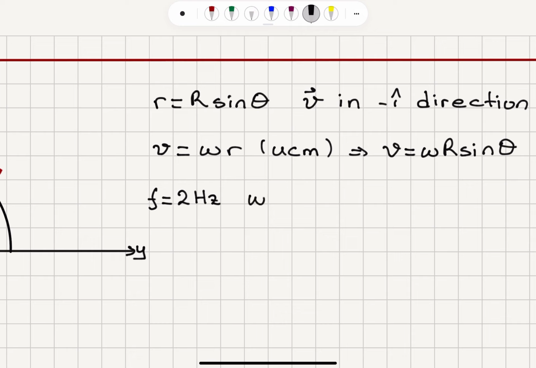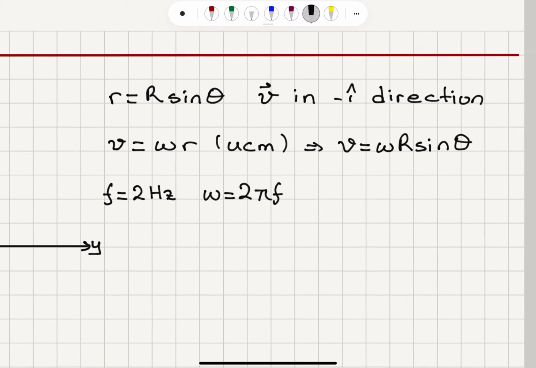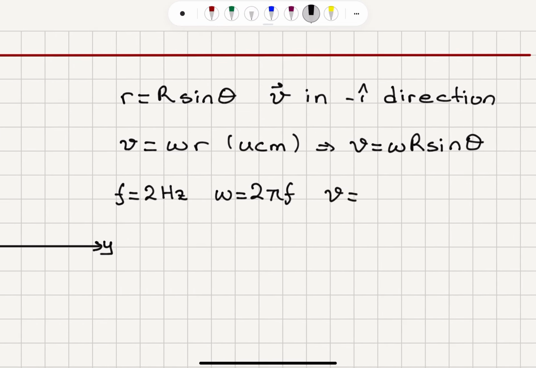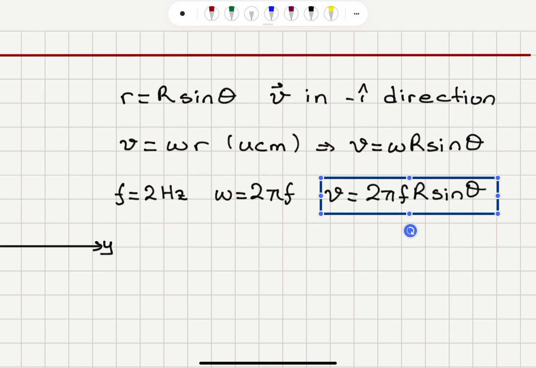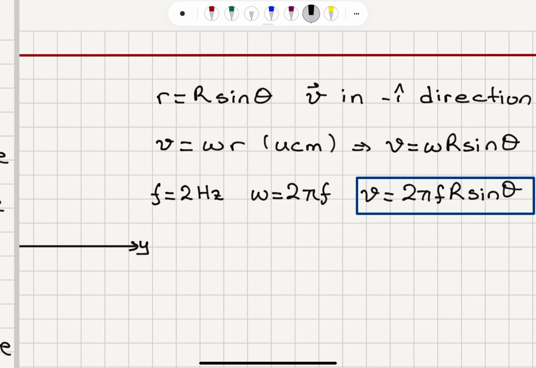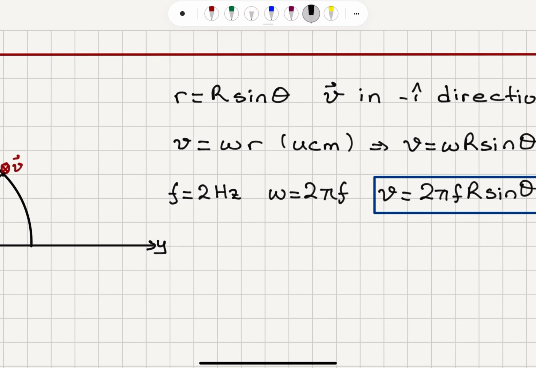And omega, the angular speed, is 2 pi times the frequency f. So we find that v is equal to 2 pi f capital R sine theta. That's the speed. Now if we calculate this, v is equal to 2 pi times 2 Hertz times the radius, 10 times 10 to the minus 2 meters, times sine theta.